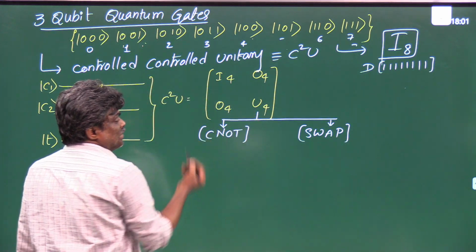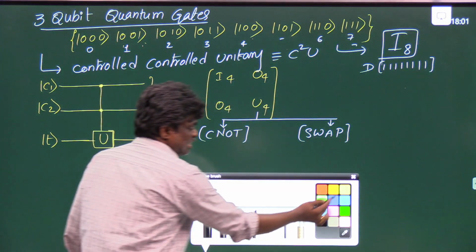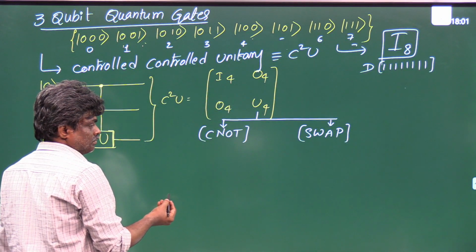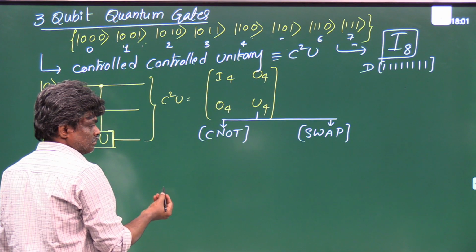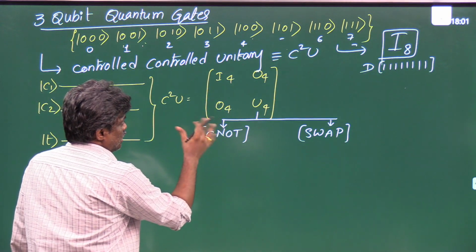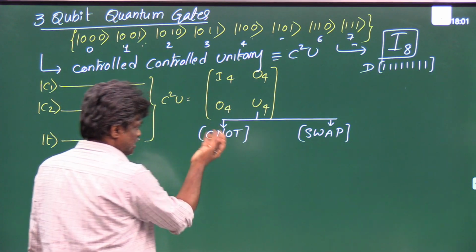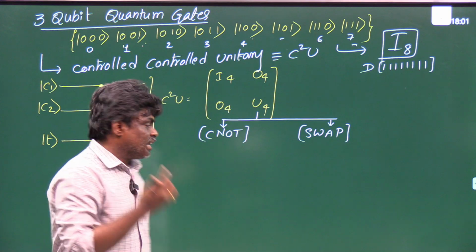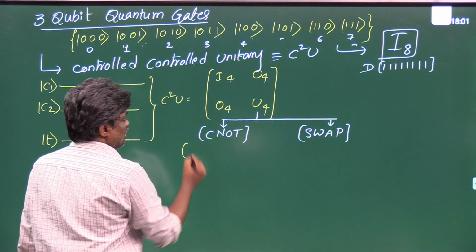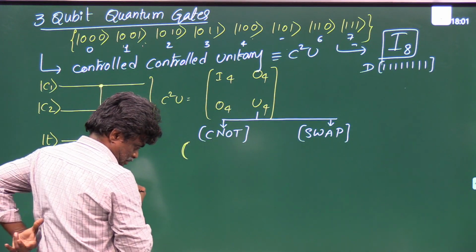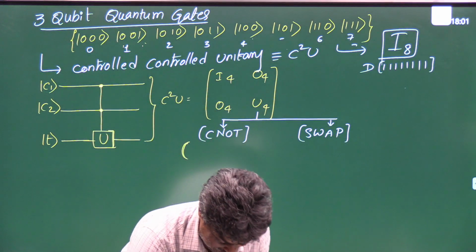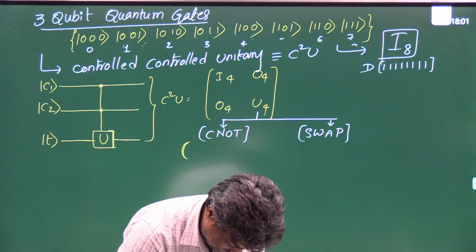If you replace with the C0, listen, don't write. If you replace U with the C0, this is called the Toffoli gate. Wait a minute, I got confused with the names.